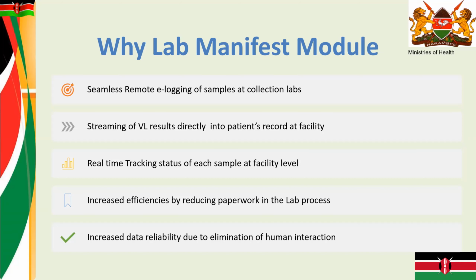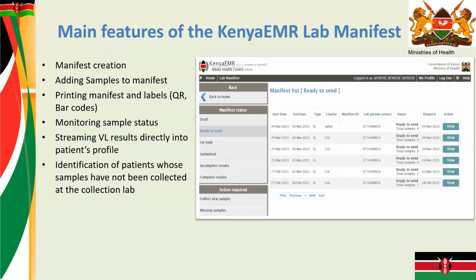I think that is automatic, because whenever you use a system, one of the goals is to eliminate paperwork. Also, in terms of data reliability, you are sure that the result that has been received is the result that was posted on the testing lab side, because at that point there is no human interaction. And I guess I've already spoken to that.